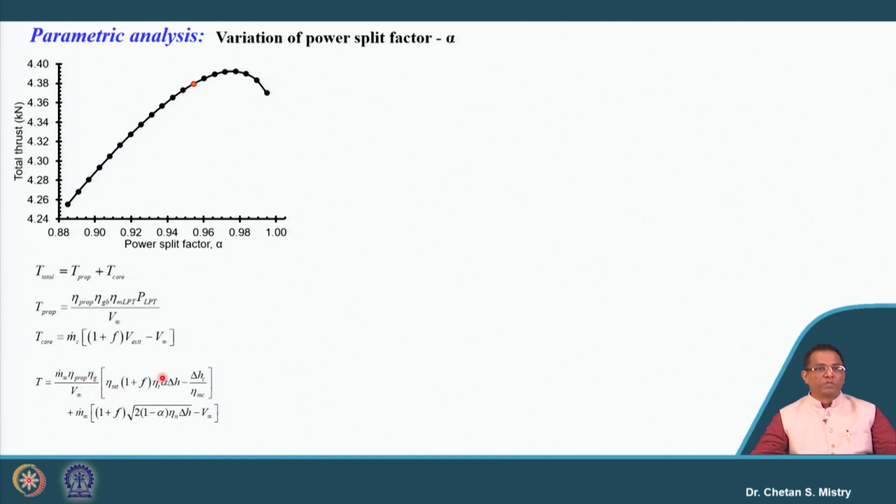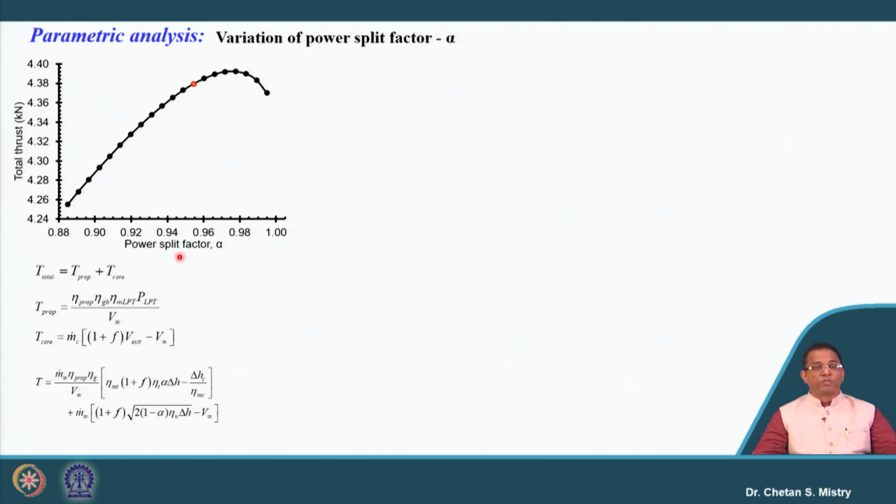This equation represents my alpha both by propeller, and alpha because of my core. So this is the summation of two thrusts, propeller thrust as well as my core thrust. So after a certain value of split factor, there is no benefit in terms of increase of total thrust. So we need to be very careful in selection of this split factor.